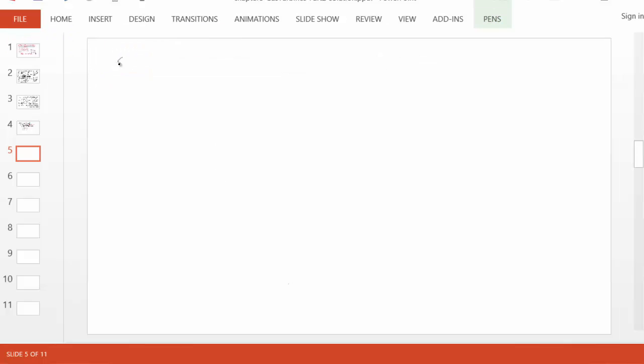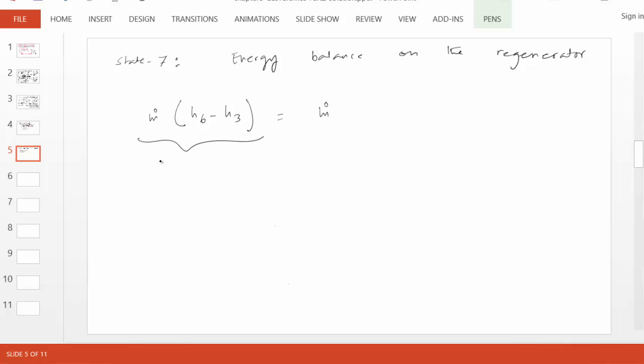So to find state 7, we apply an energy balance on the regenerator, which is just a heat exchanger. The heat picked up by the compressed air is m dot (H6 minus H3), the heat gained by one fluid. The turbine exhaust is at 5, and after the regeneration it is at 7.